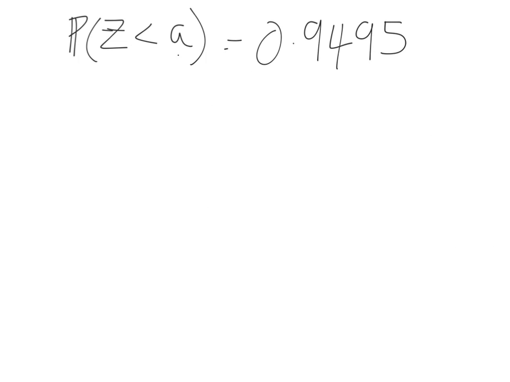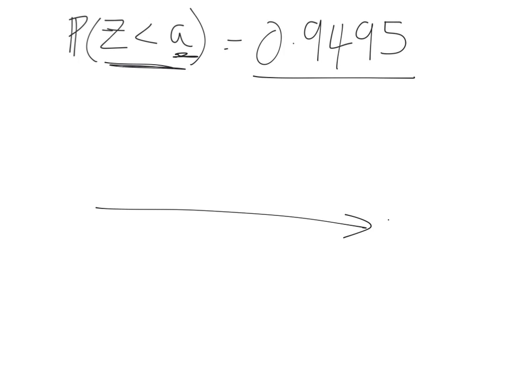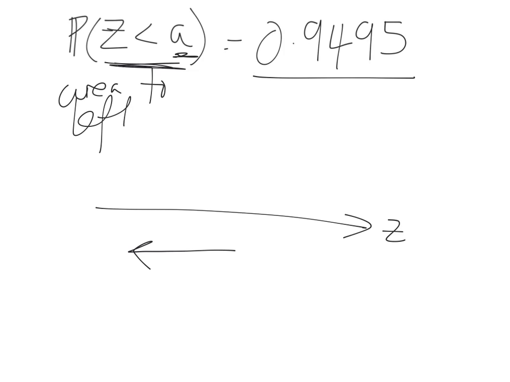Skill 2. Now we're trying to find some a such that the probability that z is less than a equals 0.9495. So first, because it's less than a, we're talking about this direction, so it's area to left, and because this number is bigger than 0.5, we can say that the area to left is big.